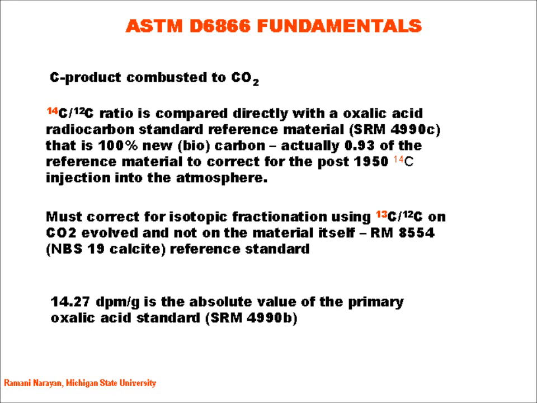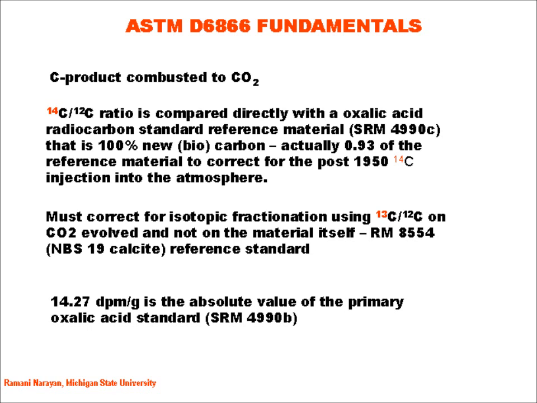We even correct for the bomb correction factor by multiplying by 0.93. If you remember, in the 1950s, we exploded a lot of nuclear bombs into the atmosphere, so the amount of radioactive carbon in the atmosphere increased, and we are correcting for that as shown there.